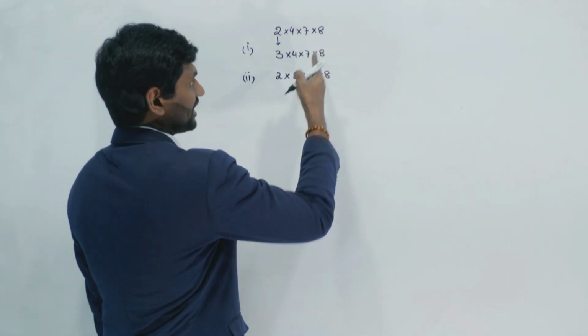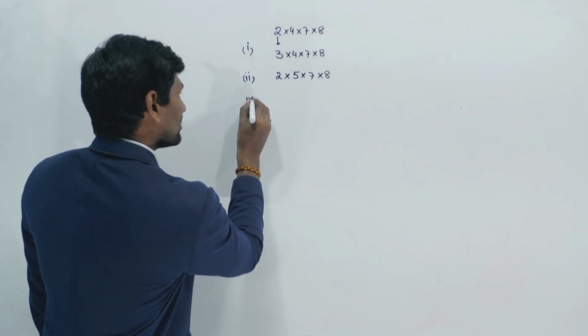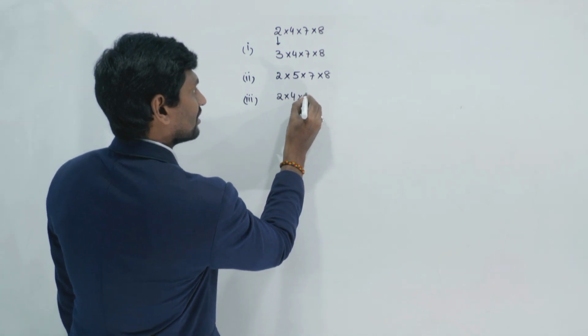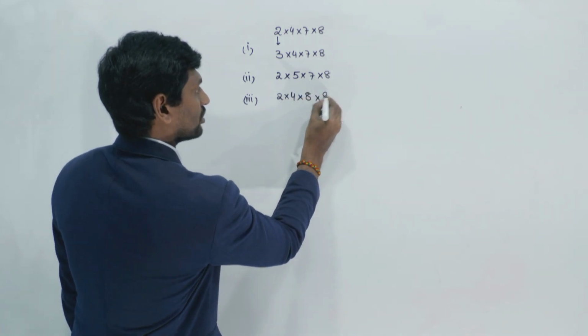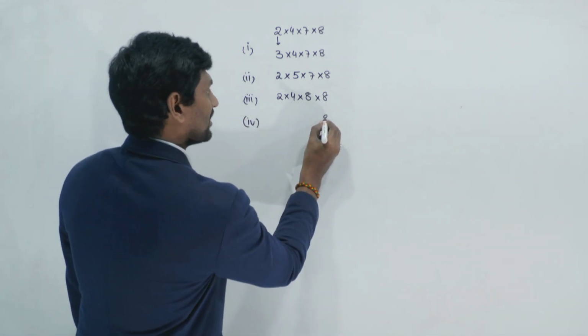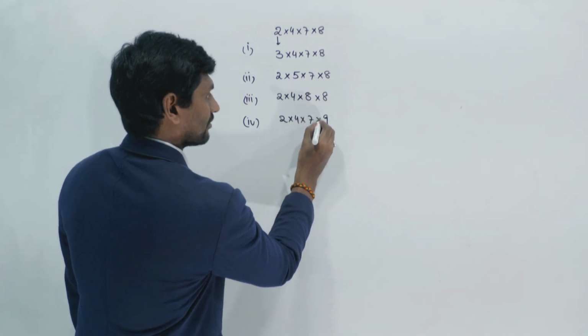That means 4 factors I have to increase, so 4 chances. The third chance is increasing only the third number, 7 plus 1, 8, and the fourth number is 8 as it is. The fourth chance, the last one, is increased by 1, so the remaining is 2 into 4 into 7.